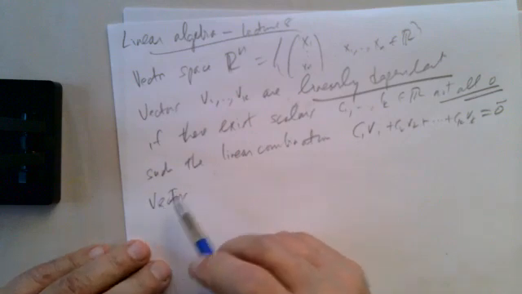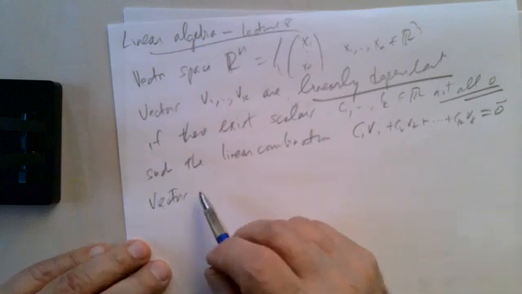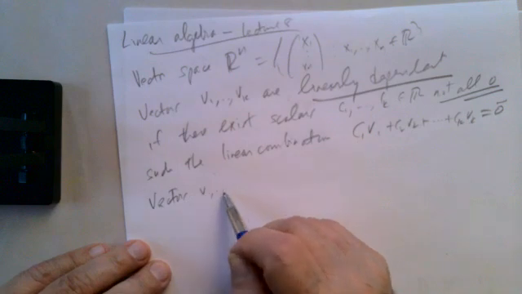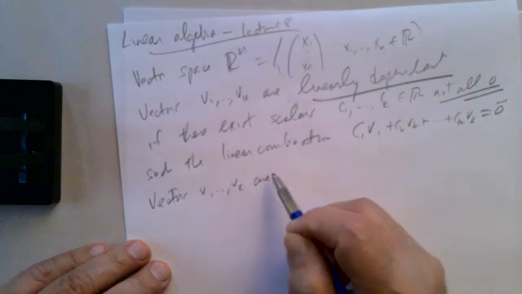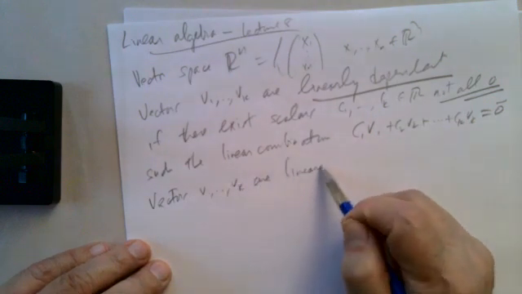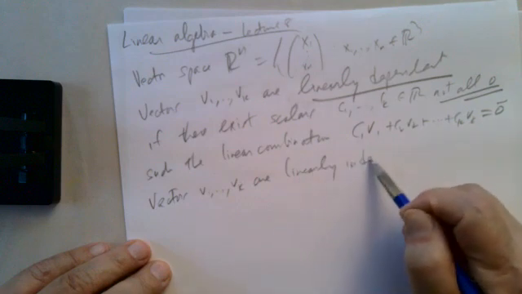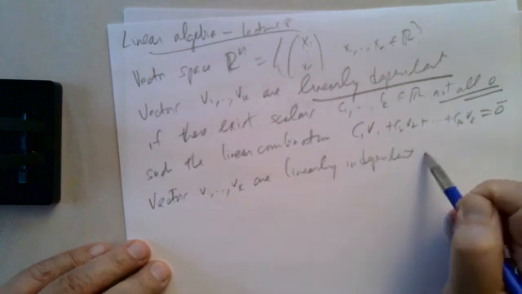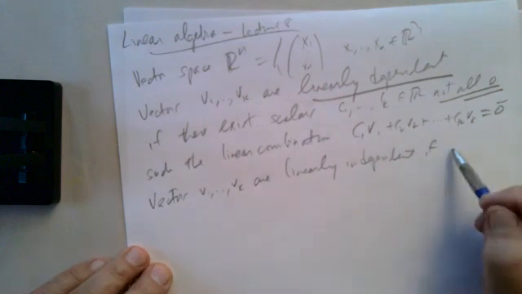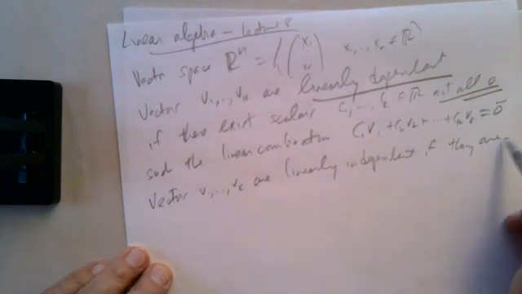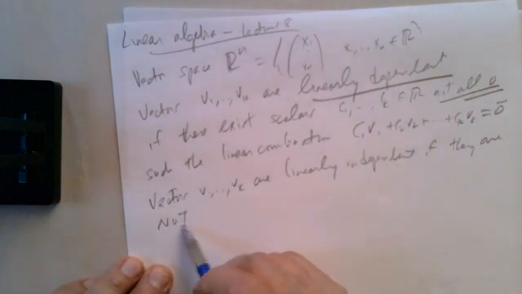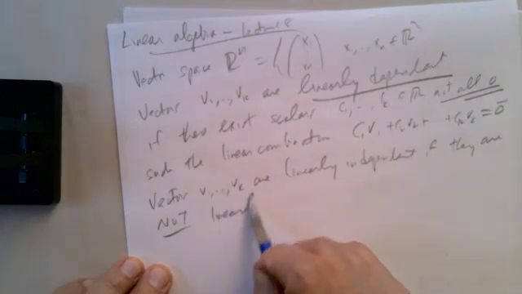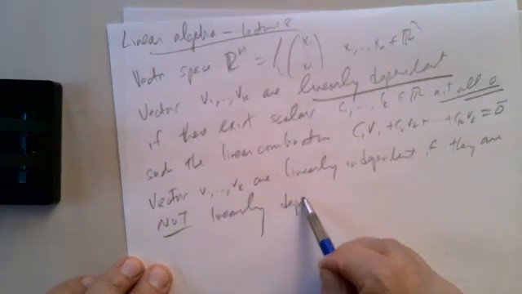And a set of vectors is either dependent or independent. So the vectors v1 up to vk are linearly independent if they are not linearly dependent.